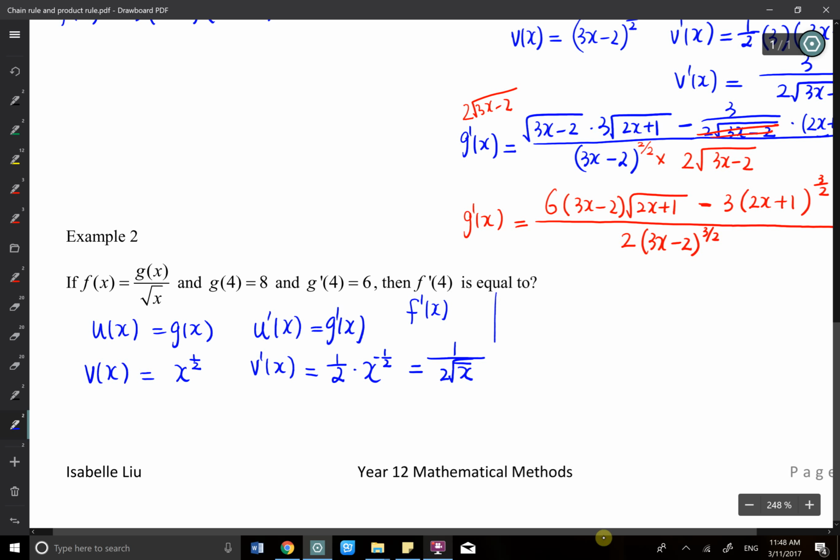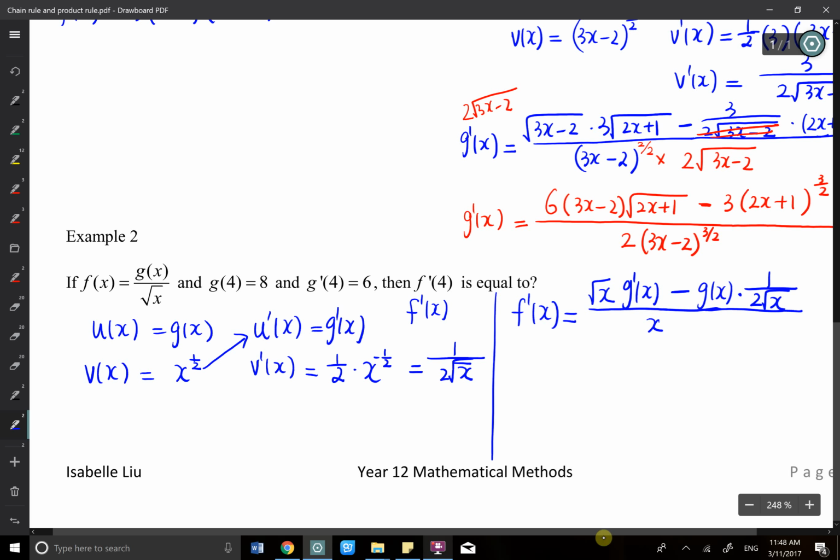So what's f'(x) equal to? You square the bottom, you have the x. And then v(x) u'(x), those two, so it's square root x times g'(x), minus, those two times together is g(x) times with 1 over 2 root x.